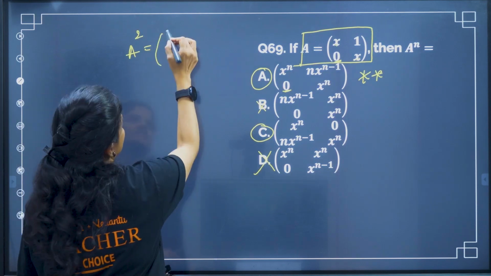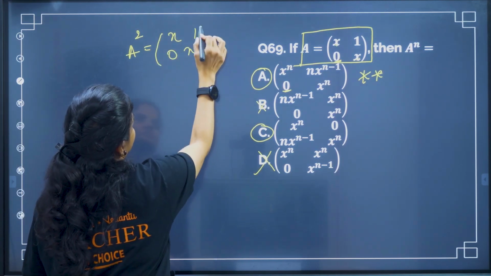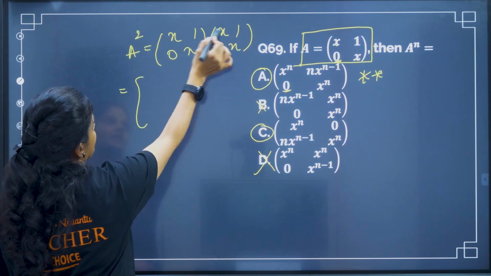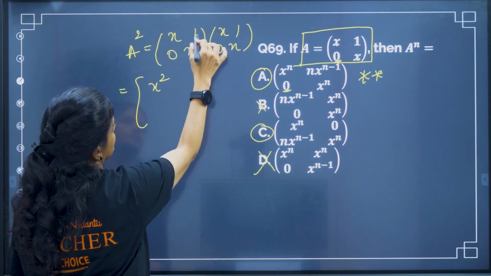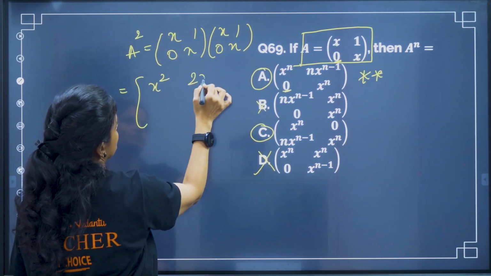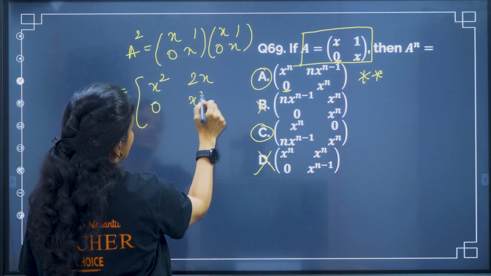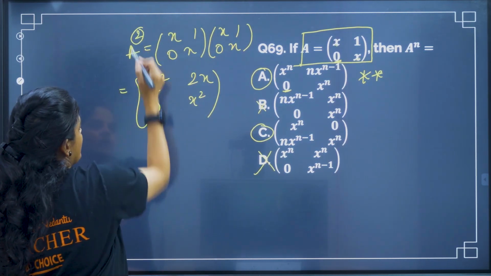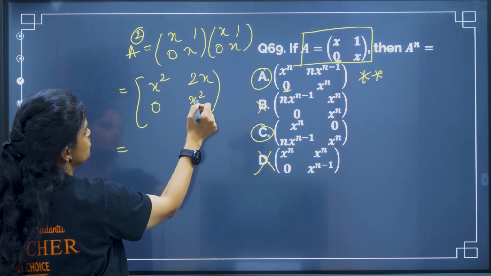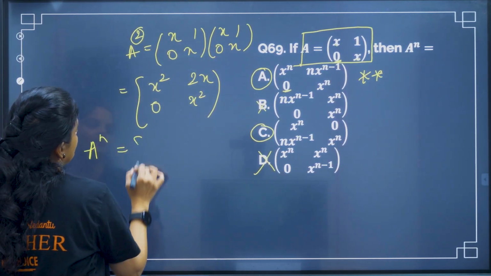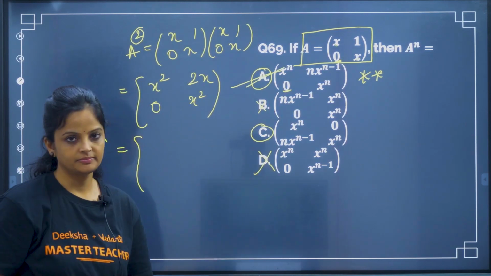Let's see that. If I see A square, I'll come to know. Right? X square, here we have 0, here we have 2x, here we have 0, that's all. So here we have x square. So when it is a square, it is coming as 2, 2 and 2. If I go and write A power n, definitely option A, right?